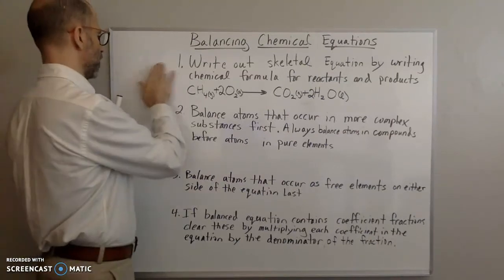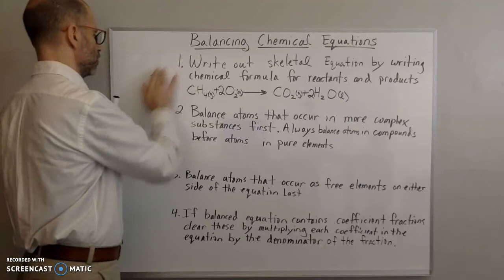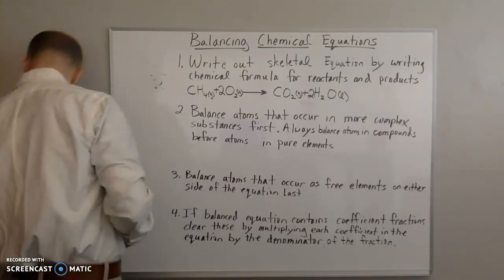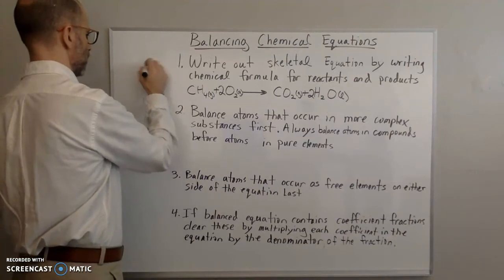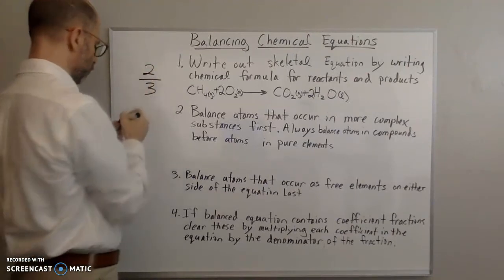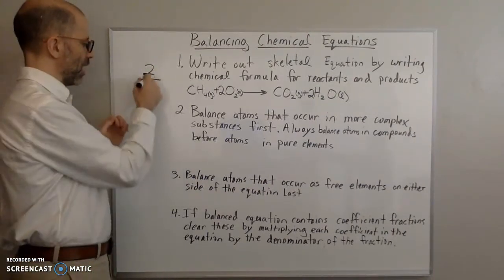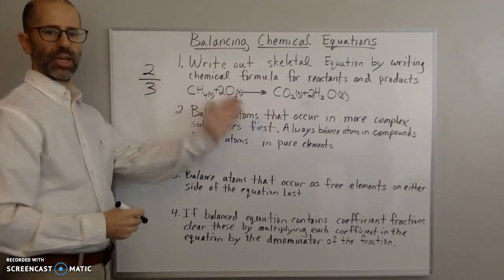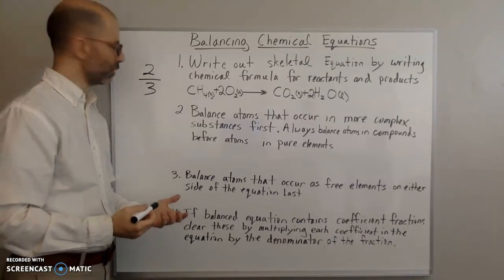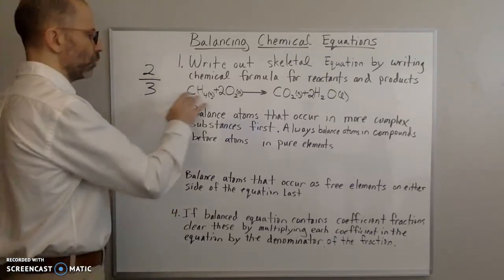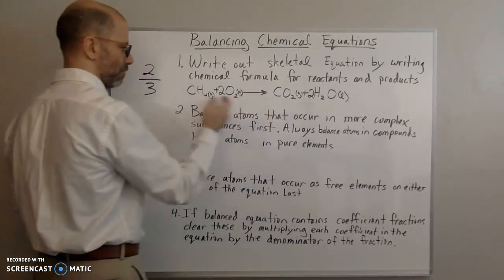If you had something like 2/3, then you would multiply by 3, so every coefficient in the equation multiplied by 3. But we don't have to do that here because we don't have a fraction.